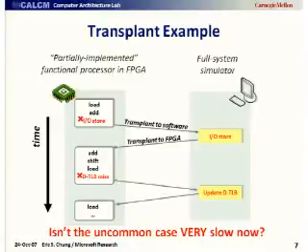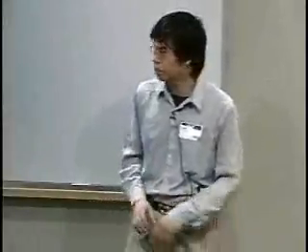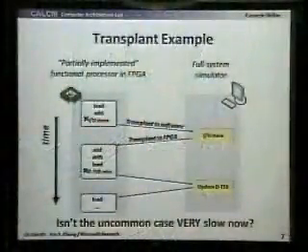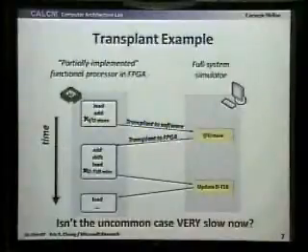So going down as time, on the left side I have what I call the partially implemented functional processor in the FPGA. You can think of this as just the bare minimum of the instruction set architecture. As I'm executing loads and adds, I run into an instruction like an I/O store, which I have no idea how to handle because I don't model the devices on the FPGA.